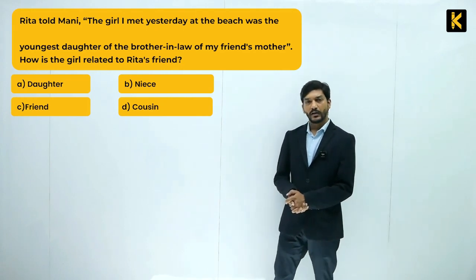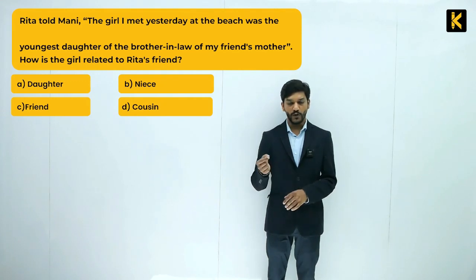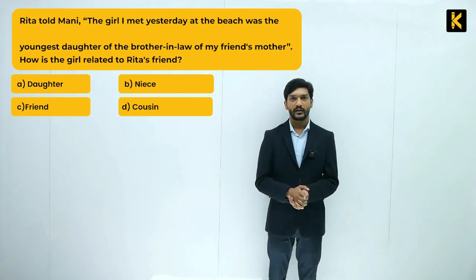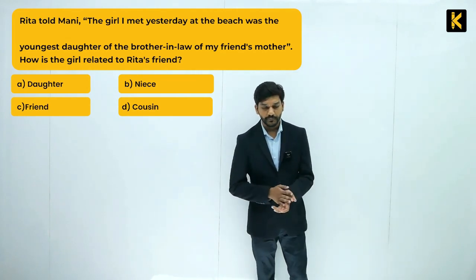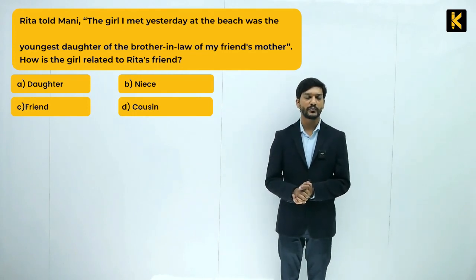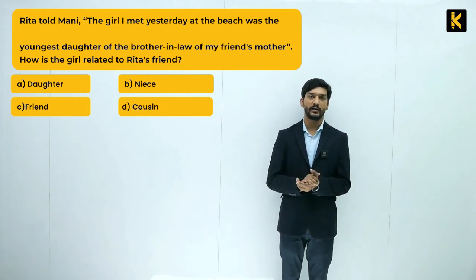Rita said the statement. So for Rita, the word "my" is used. Then my friend is not a blood relation, to be precise. So for a friend, we'll show the friend relation with some arrow symbol.